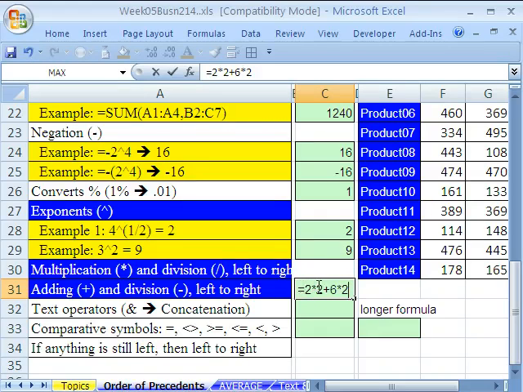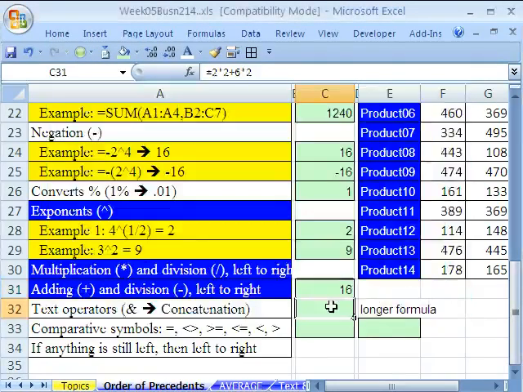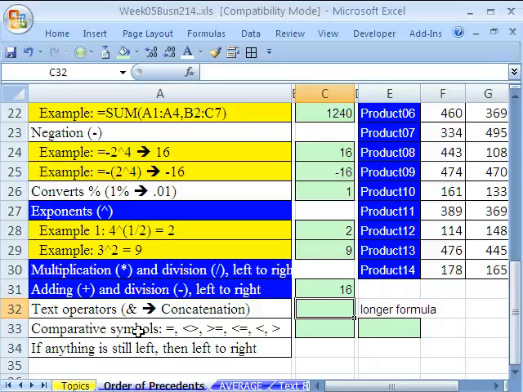So it's 4, 12. 4 and 12 is what, 16? So there we go. We get that. And if we run the formula evaluator, Alt TUF, you can see that, in fact, it does it in exactly that order. Now, very important, text operators like ampersand and concatenation and comparative symbols come last.